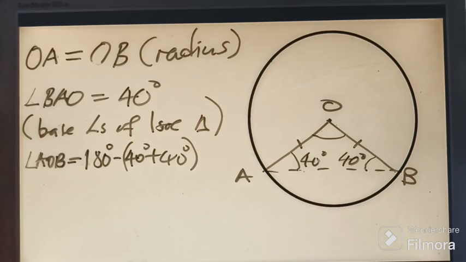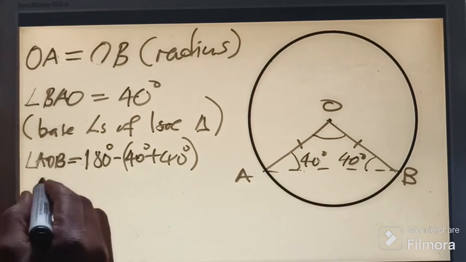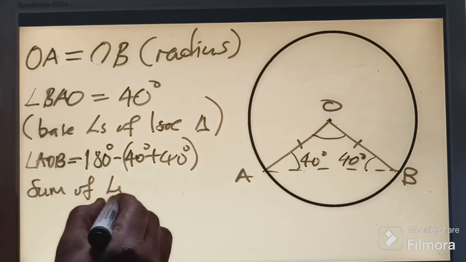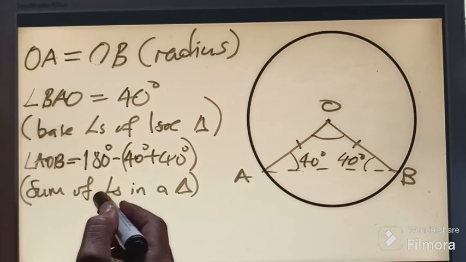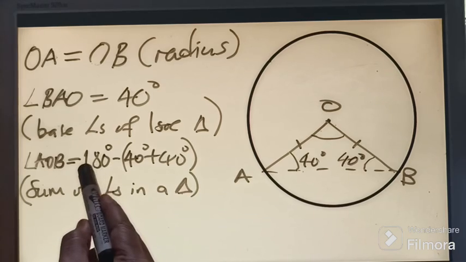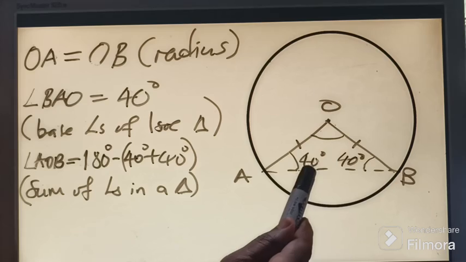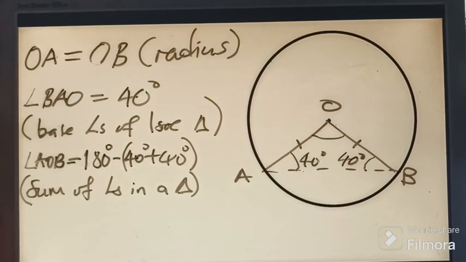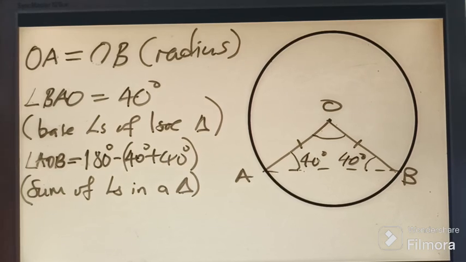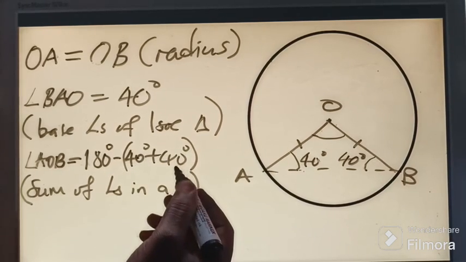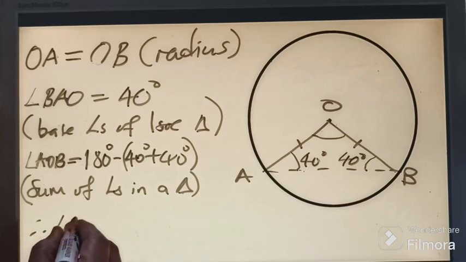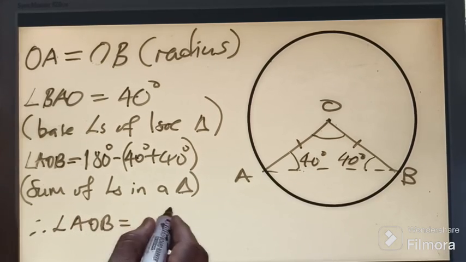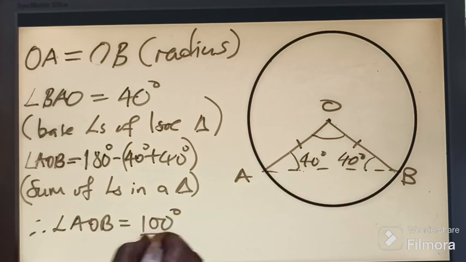Reason: sum of angles in a triangle is 180. Therefore angle AOB is 100 degrees.